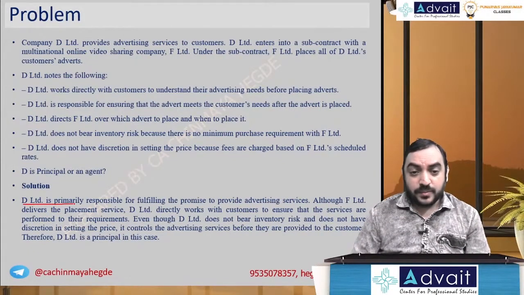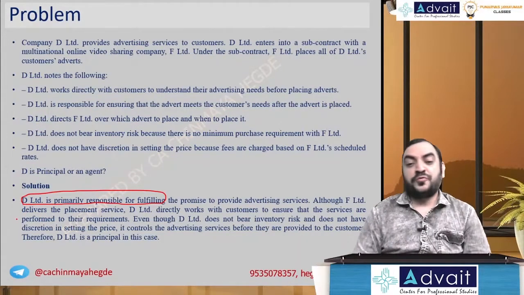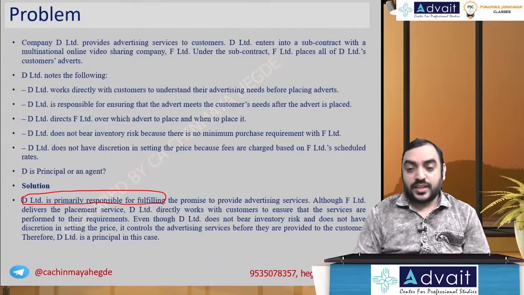D Limited is primarily responsible, that is the word, primarily responsible for fulfilling the promise to provide advertising services. Although F Limited delivers the placement service, D Limited directly works with the customer to ensure that the services are performed to their requirements.